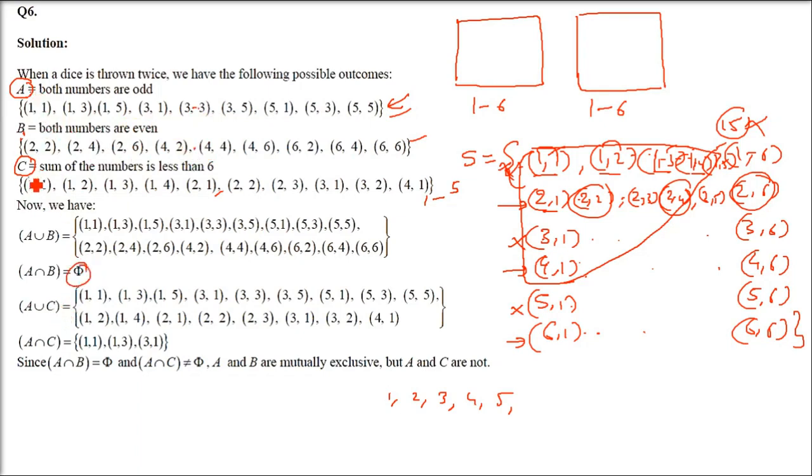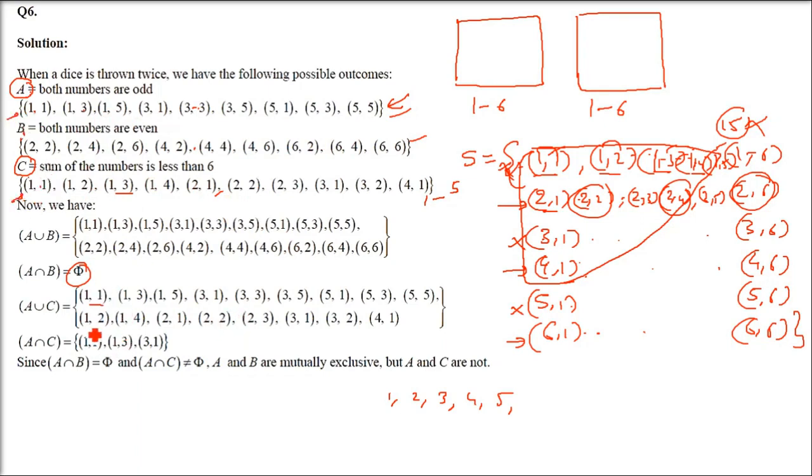Now A union C. You take both A and C and write the common terms once. If there is something common, write it once, otherwise combine all of these. Now this is (1,1), so it will come only one time. (1,3) will come one time. So all these you can write.